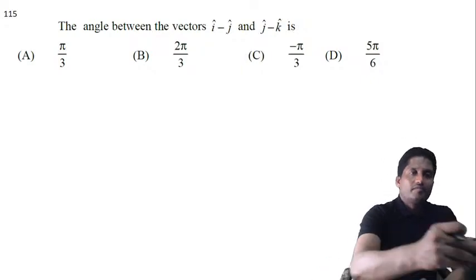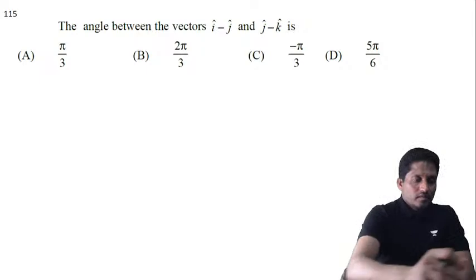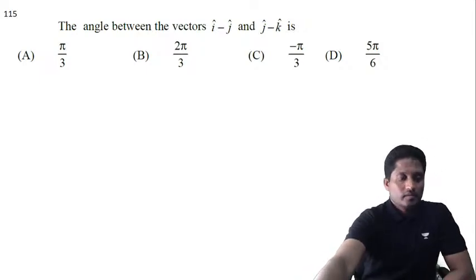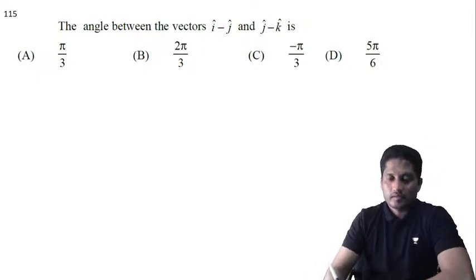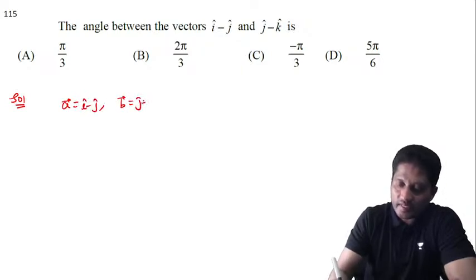Right, question number 115. Vector A is equal to i minus j, and vector B is equal to j minus k.